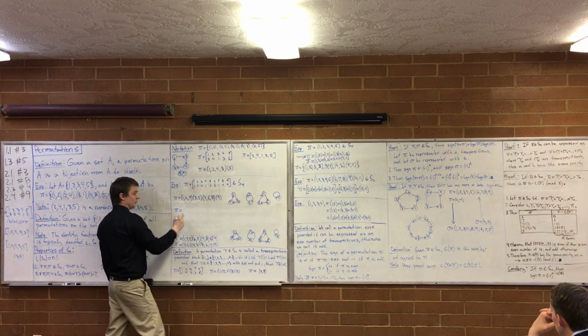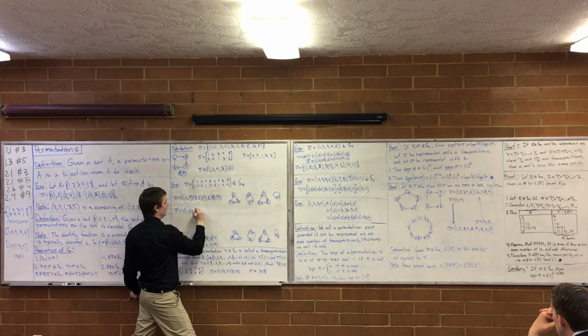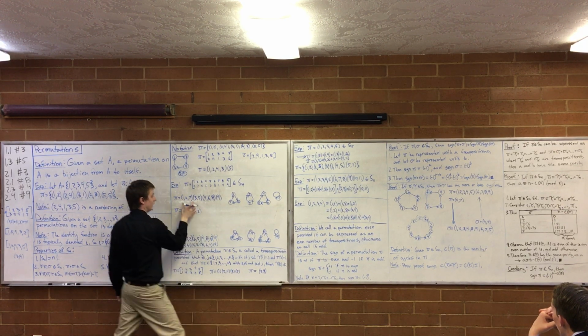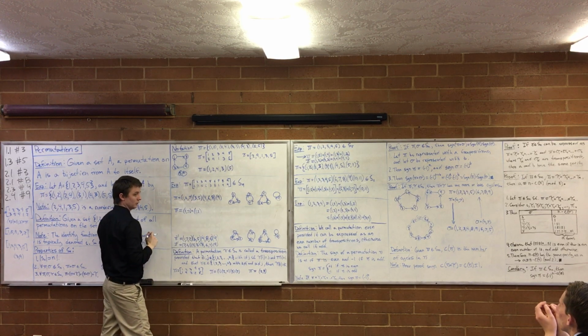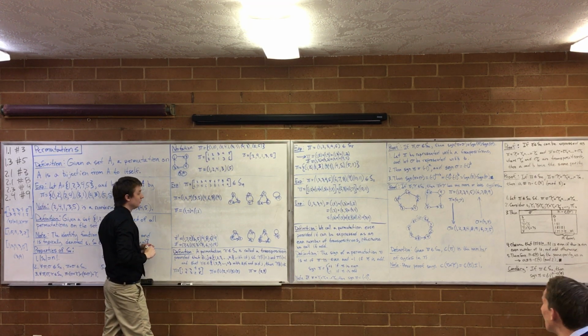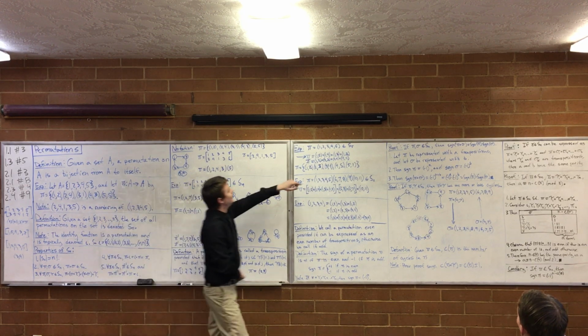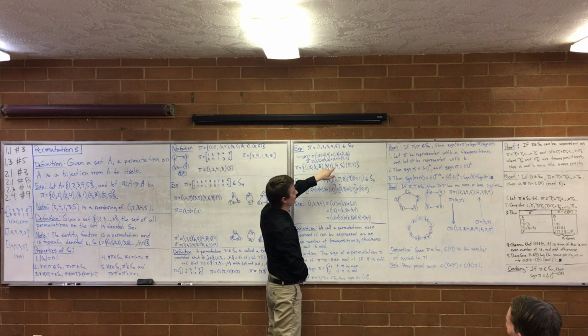Let's just write it out. So I'm going to have (1 7) composed with (1 2). That takes care of this cycle. It's the same thing, so I don't know why it's not working.